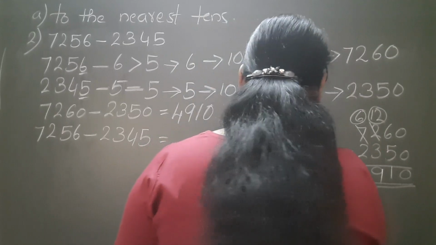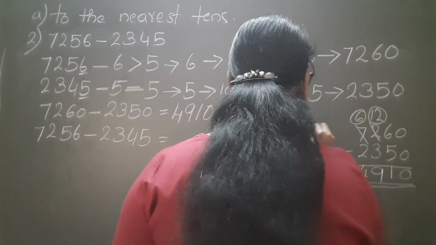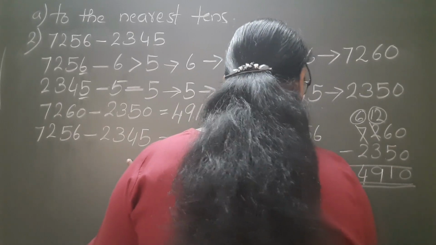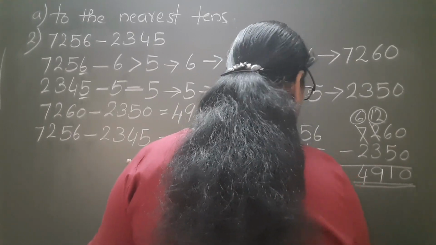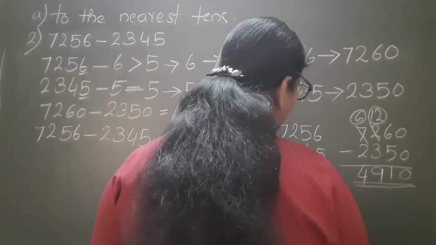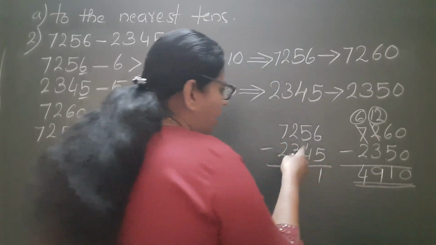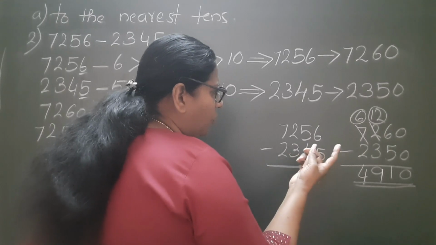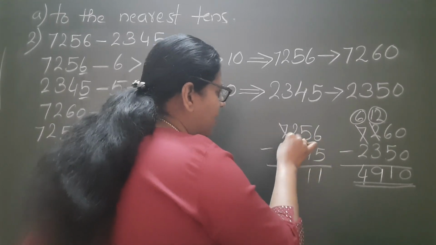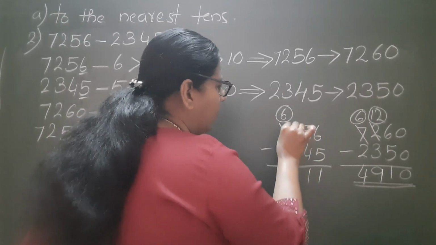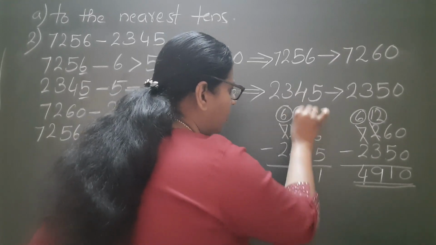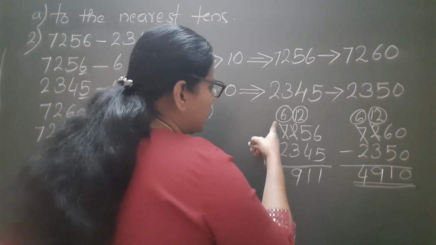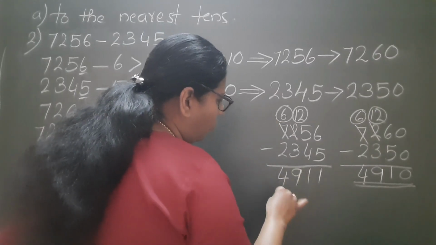Let's find out. 6 minus 5 is equal to 1. 5 minus 4 is equal to 1. 2 minus 3 we cannot do, so we have to borrow from 7. 7 becomes 6 and 2 becomes 12. 12 minus 3 is equal to 9. 6 minus 2 is equal to 4.